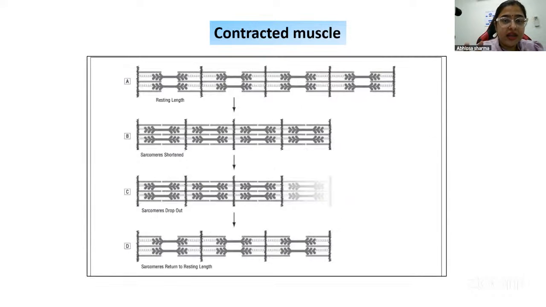Again, in case of a contracted muscle, what happens? If a muscle is passively contracted for several weeks, sarcomeres drop out serially, and the remaining sarcomeres resume their original optimal length. This will cause a permanent contracture of the muscles.